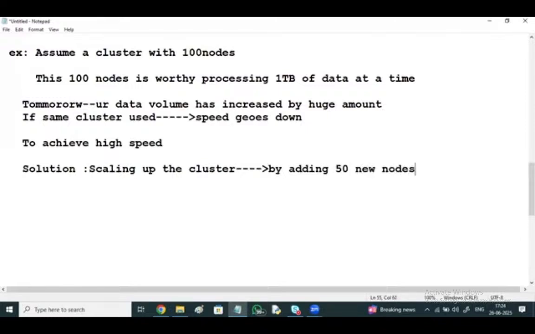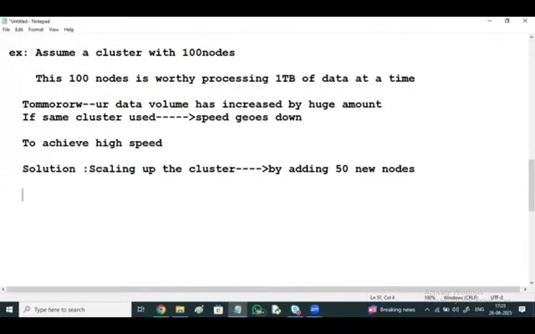Very simple: today you have a very small business with 10 nodes. Tomorrow your business has increased, your branches, your customers and your data have increased, which means your systems and nodes also have to be increased. You need to scale up to achieve high speed, by adding 50 new nodes.